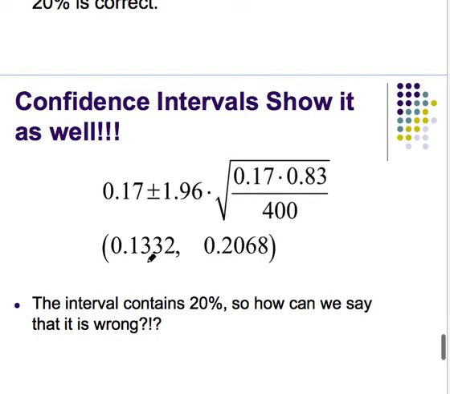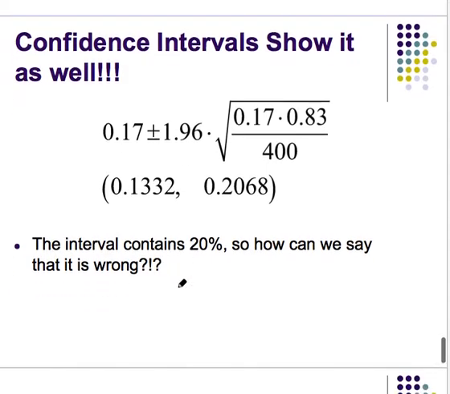So 95% of the time, we expect to see between 13% and 20.68% of cracks, or right between those two, we expect to see what the true proportion is. Okay, so the interval contains the 20%. So really, it lands right in there, so we can't say that it's wrong.